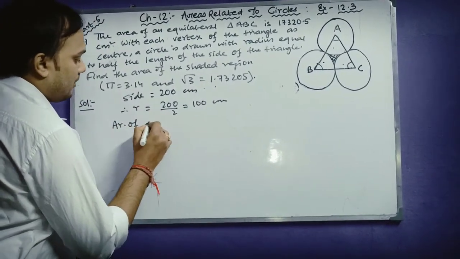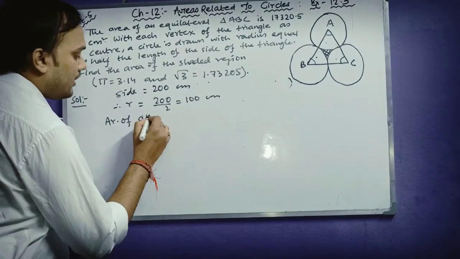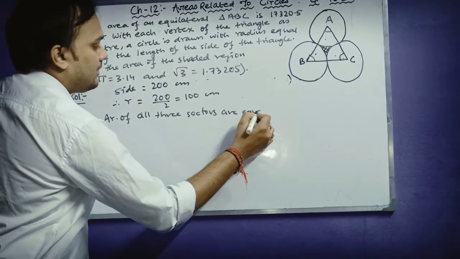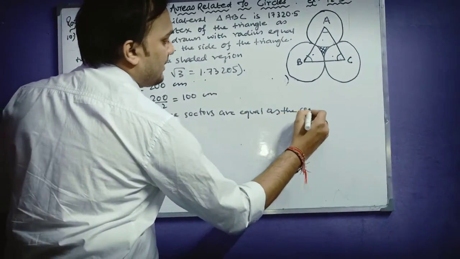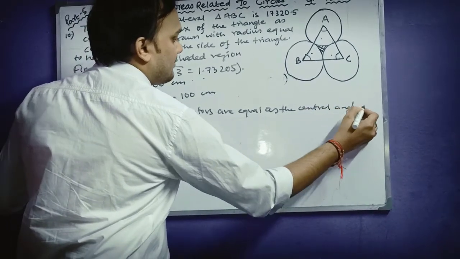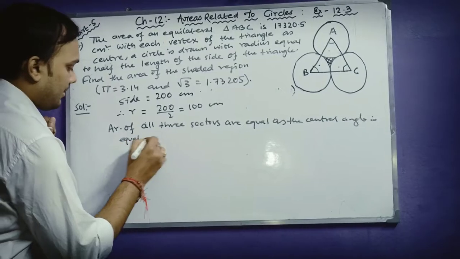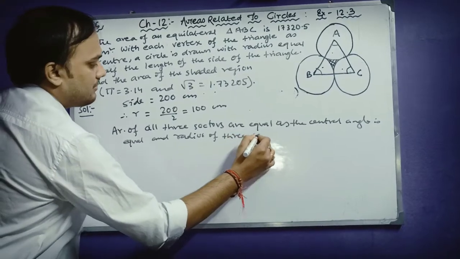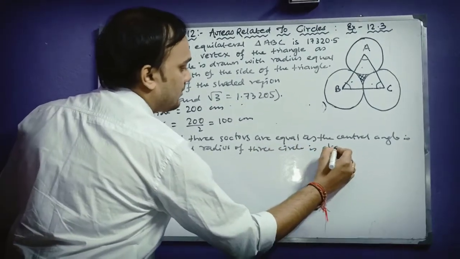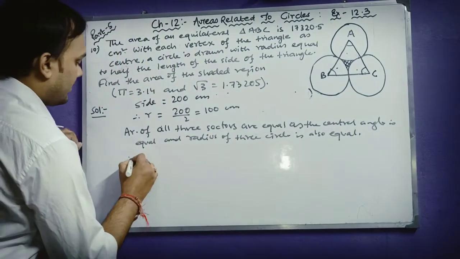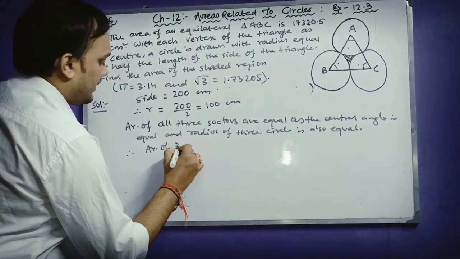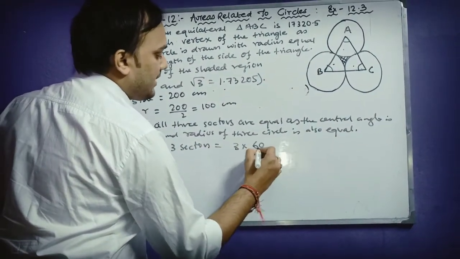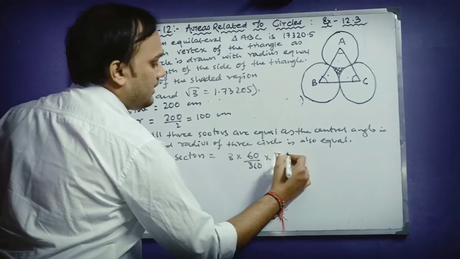Area of the sectors, if the area of all 3 sectors are equal as the central angle is equal and the radius of the 3 circles is also equal. Therefore, area of 3 sectors will be equal to 3 into 60 by 360 into pi r square.